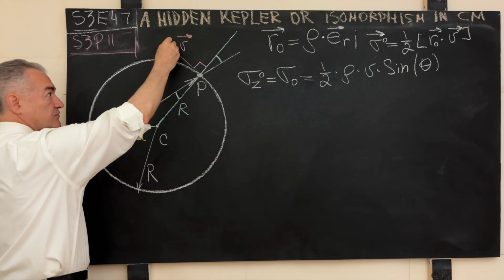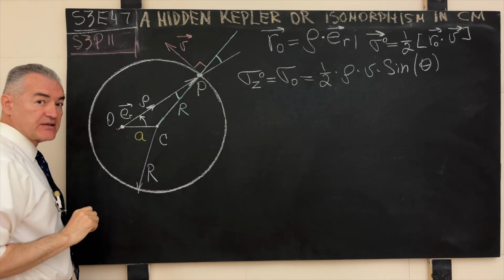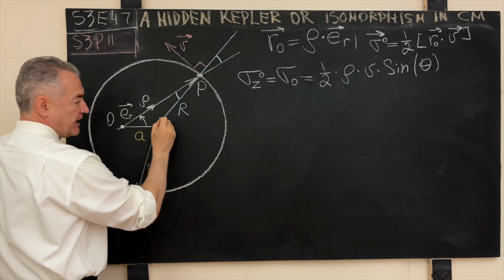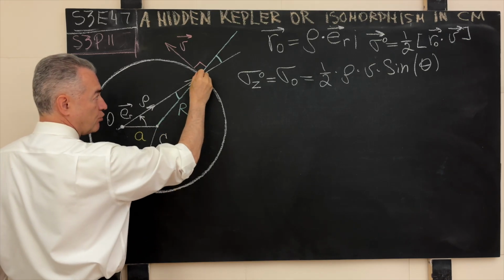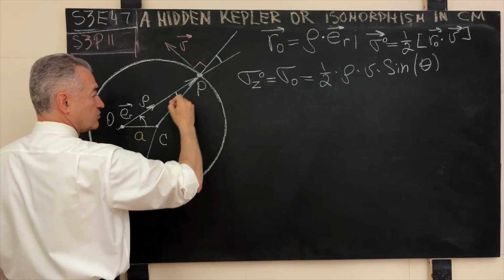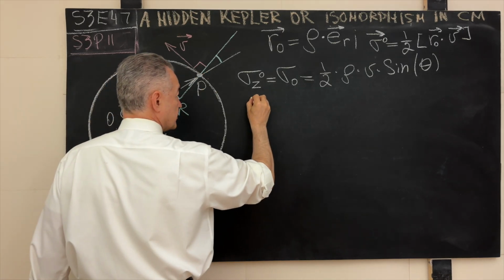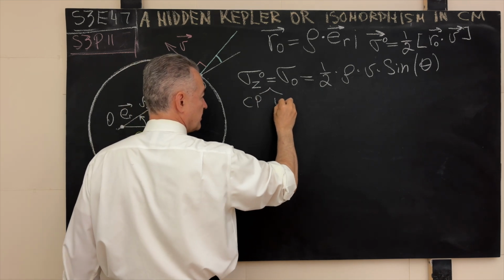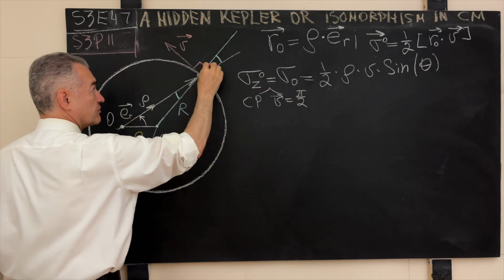So our vector v, the velocity of the point P, remains tangent to the circle at all times. And that means that if we construct a radius connecting the point C, the center of the circle, with the point P at all times, the angle between the radial direction CP and the velocity vector is pi over 2, this angle right here.